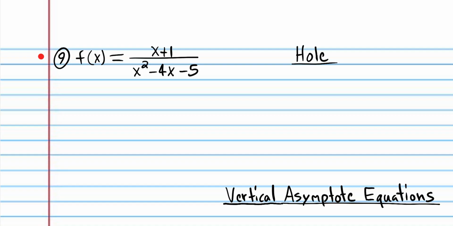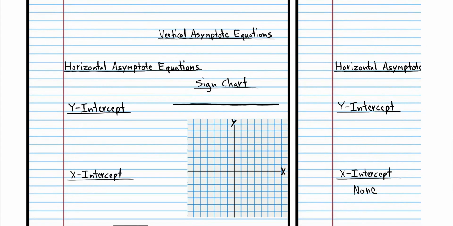So the graph is going to look different, and this factor is going to cancel out. Now, first of all, this is in proper form because the degree of the polynomial in the numerator is less than the degree of the polynomial in the denominator. The degree in the numerator is 1 and the degree in the denominator is 2. So that means there's a horizontal asymptote on the x-axis.